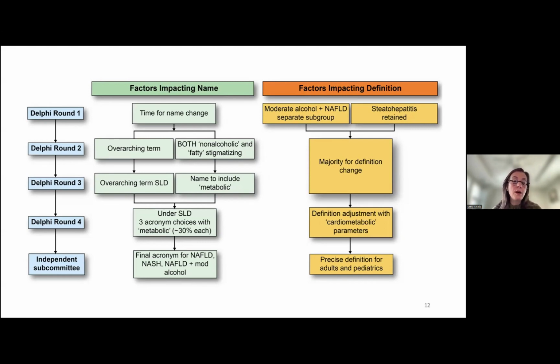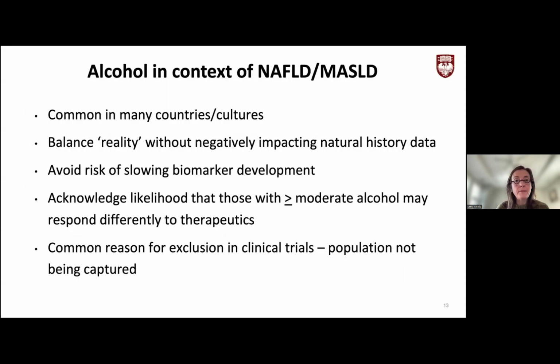And from there forward, we ended with 3 acronym choices that were basically equivalent across the 3, and we decided to involve an independent subcommittee that included some from our steering committee, but also importantly, external people to help us reach the third and final decision. And then carry this forward to pediatrics for further refinement of the definition that had also been achieved and decided upon by the same committee.